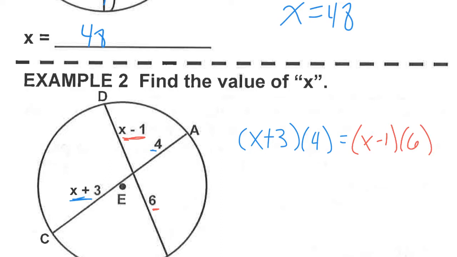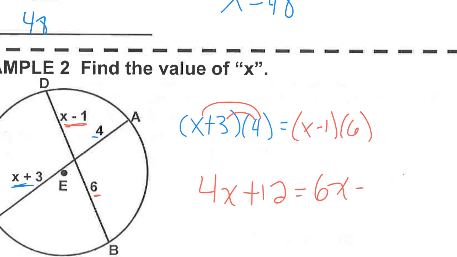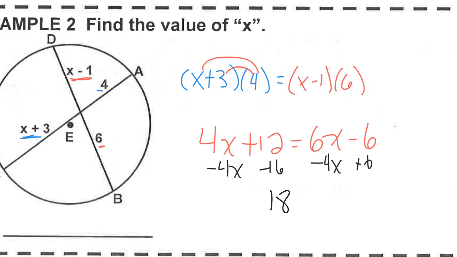Now, I put the x minus 1, x plus 3 in parentheses because you need to remember you have to distribute. So 4x plus 12 equals 6x minus 6. I'm going to go ahead and subtract the 4x and add the 6 at the same time. That gives me 18 equals 2x. And when you divide by 2, you should get x equals 9.